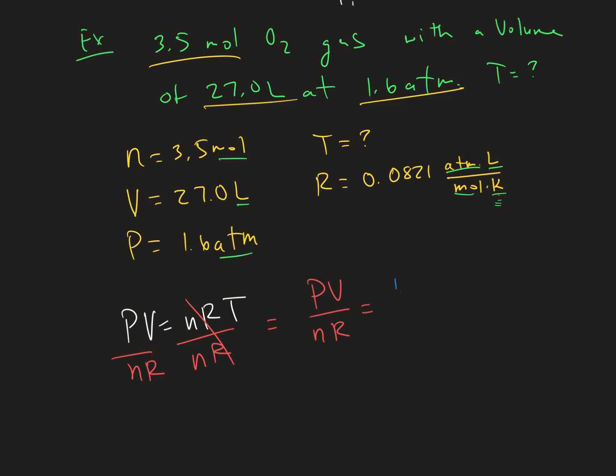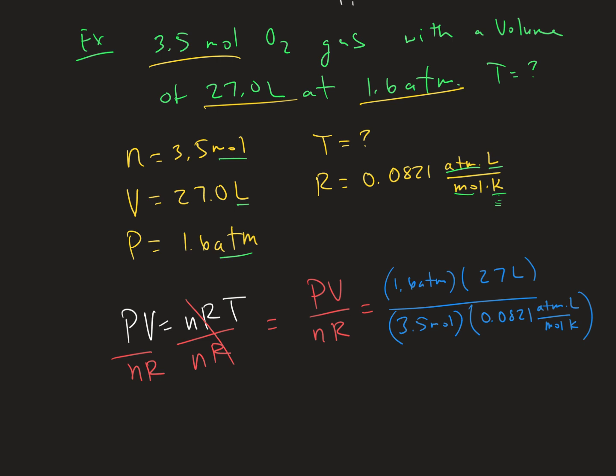So pressure is 1.6 ATM. Volume is 27 liters. Number of moles is 3.5 moles. And R is 0.0821 ATM liter per mole Kelvin.